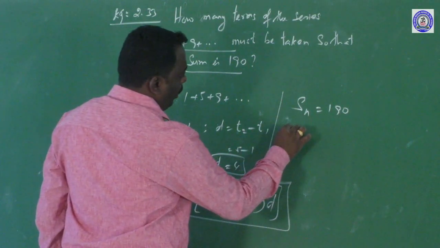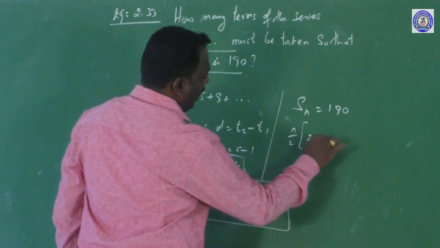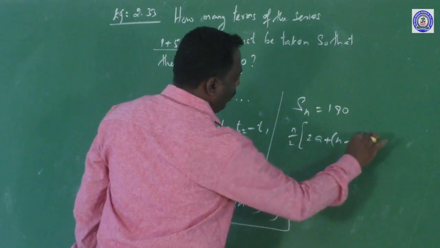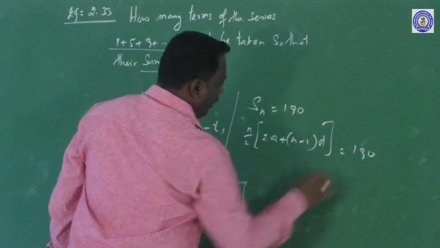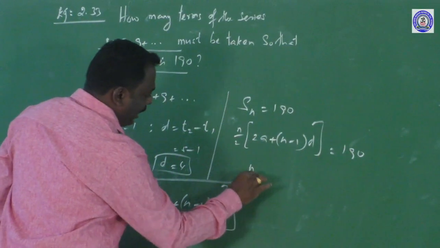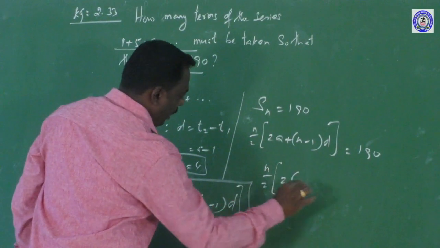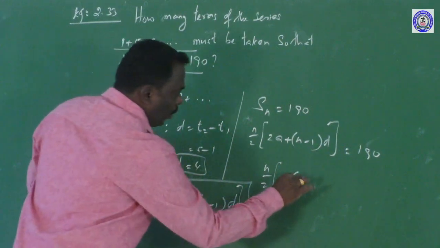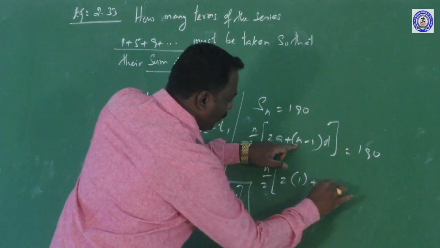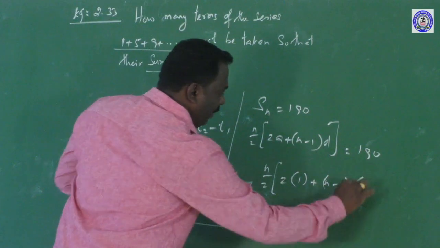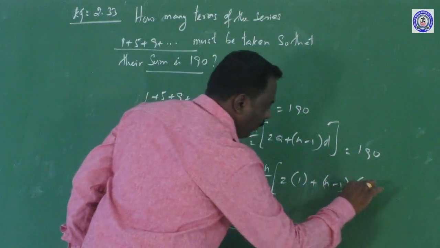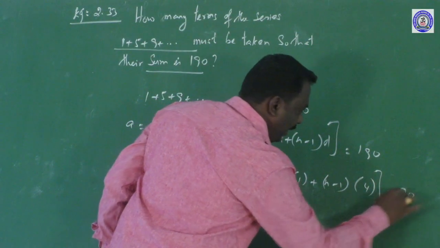So Sn equal to n by 2 within the bracket 2A plus n minus 1 into D, that is equal to 190. Now what is n, right? n by 2 within the bracket 2, A value equal to 1, plus n minus 1, and D value you know is equal to 4, and it is equal to 190.